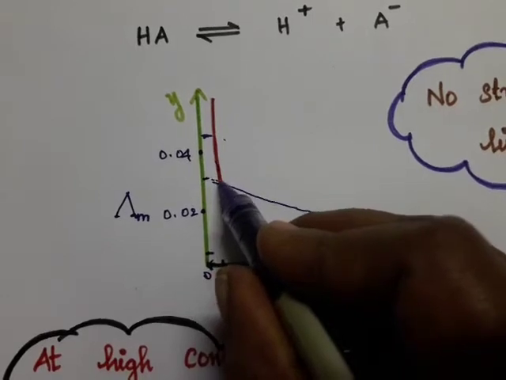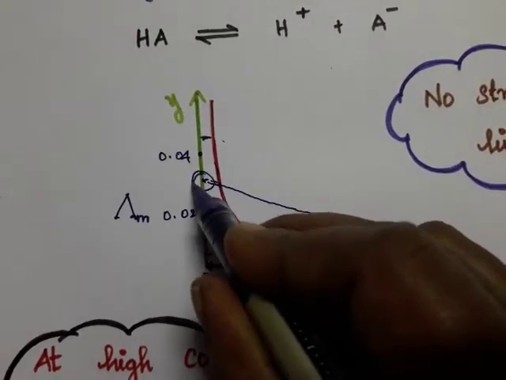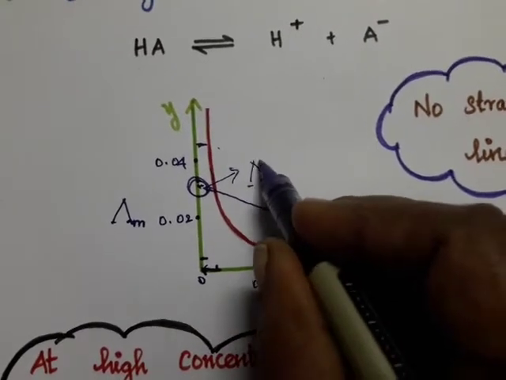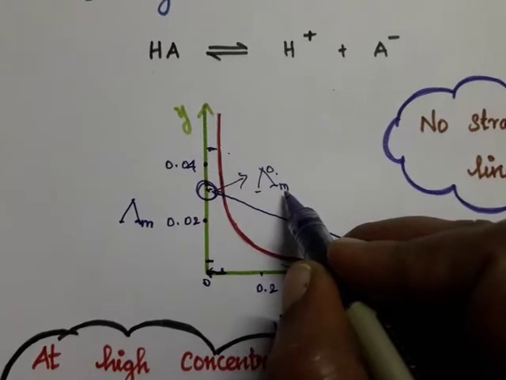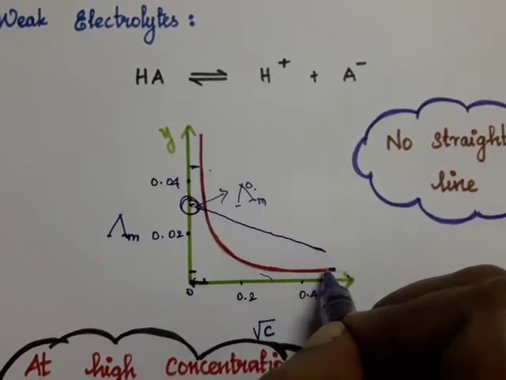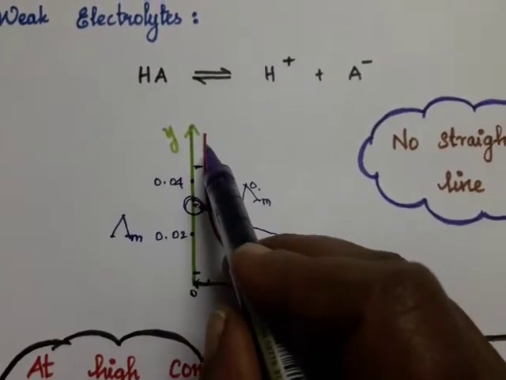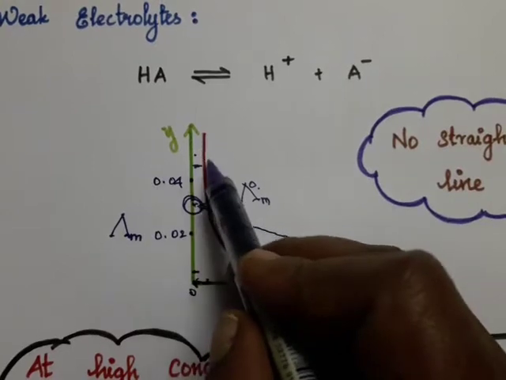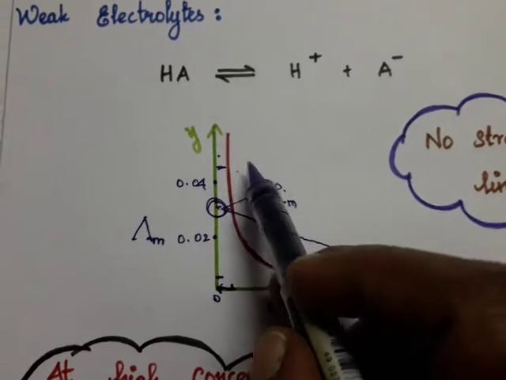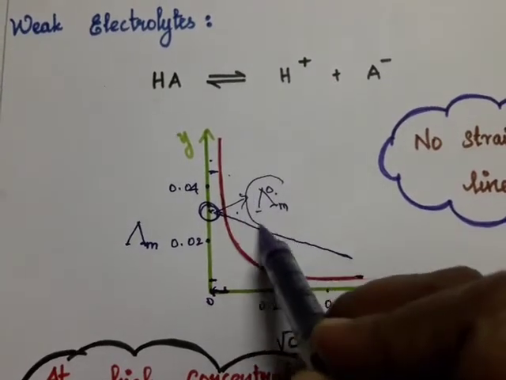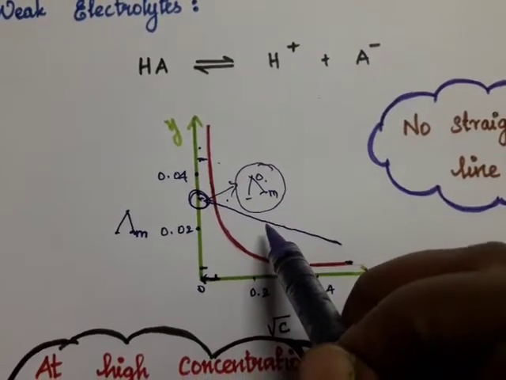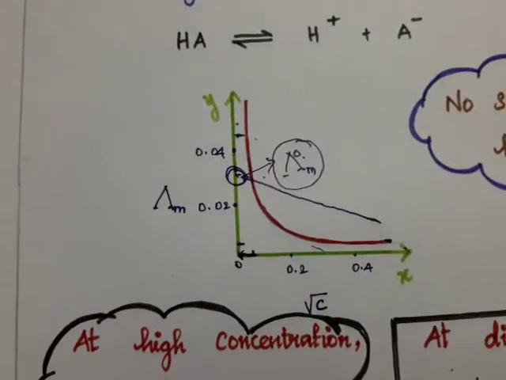When we extend the line, we get the y-intercept, and this is the limiting molar conductance, denoted by lambda m naught. In the weak electrolyte, we cannot get the intercept because the curve is parallel to the y-axis and cannot meet it. So for the weak electrolyte, we cannot find the lambda m naught value by using the graph. For that, we have to use Kohlrausch law, which we will see later.